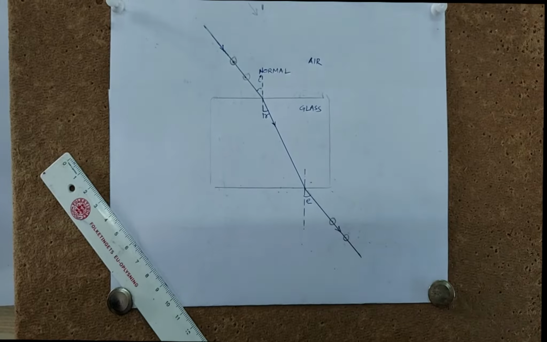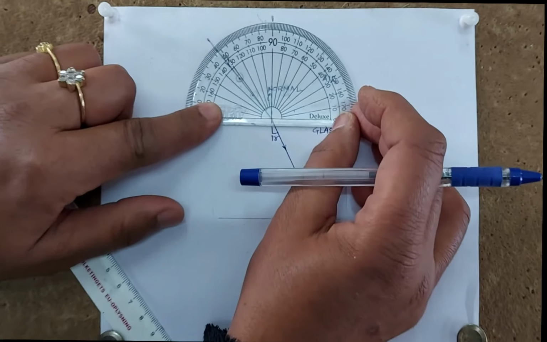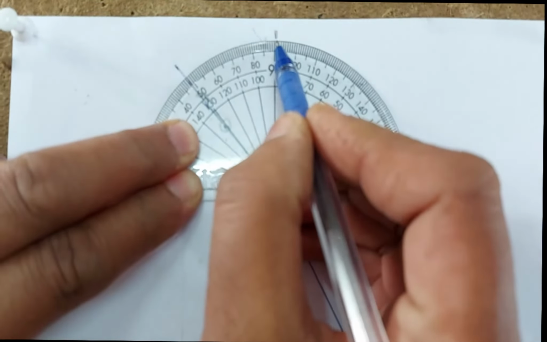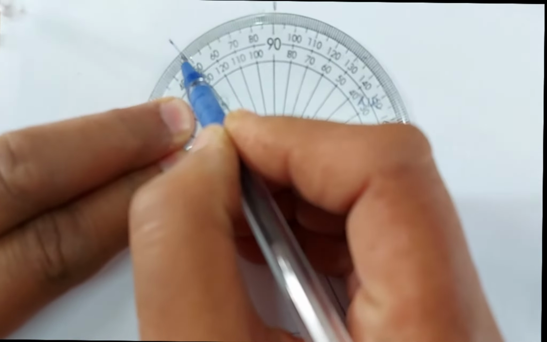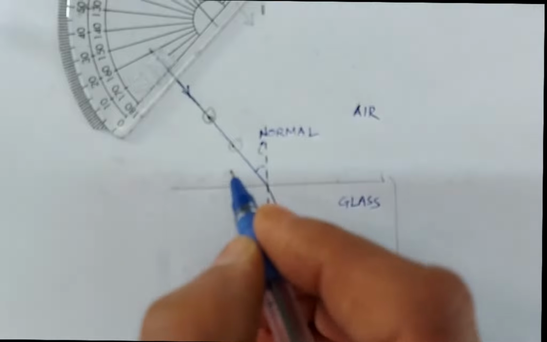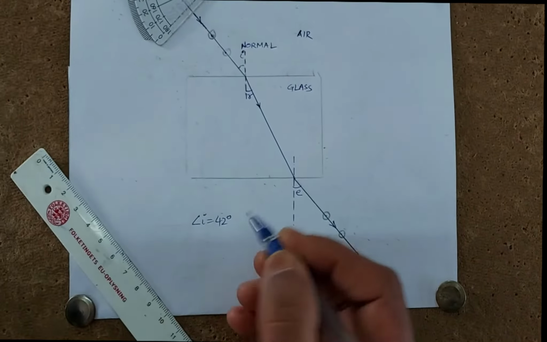Now let us complete our experiment by measuring these angles, putting a protractor here. This is 90, 10, 20, 30, 40, 41, 42. So this is 42 degrees. Angle i is equal to 42 degrees.